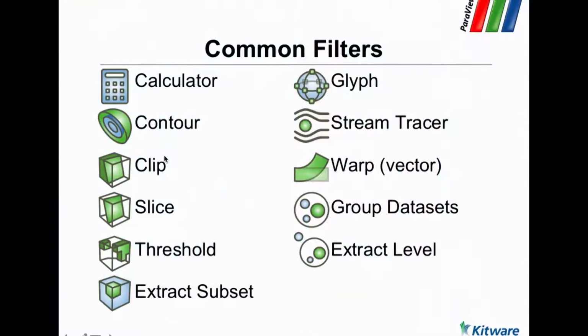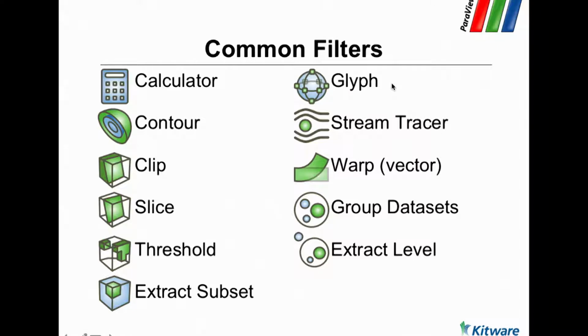So the contour filter creates an ISO surface. That is, it creates these surfaces that go over all the scalars with the same value. You can clip your data, you can slice your data, you can apply a threshold, that is, select only the data that has values within certain ranges. You can extract a subset of your data.